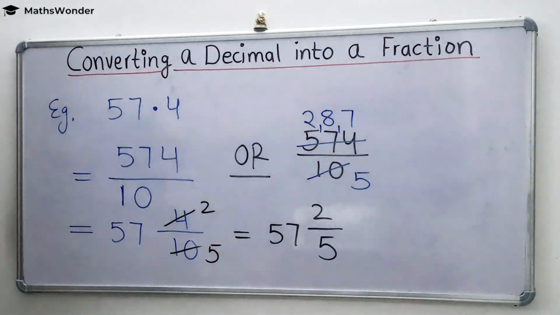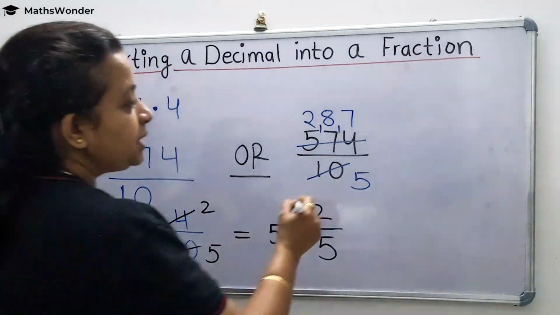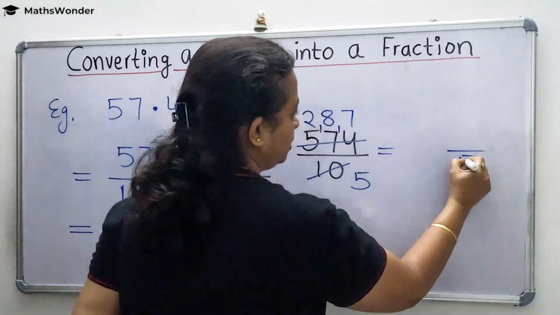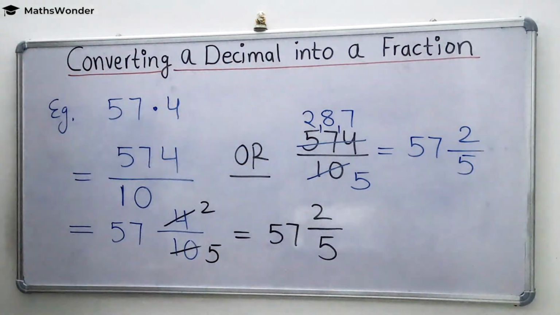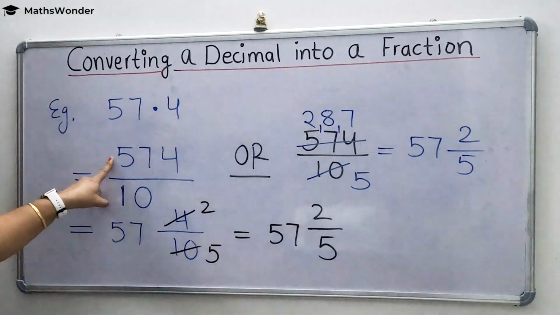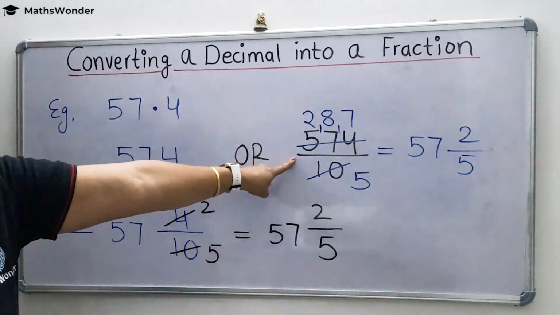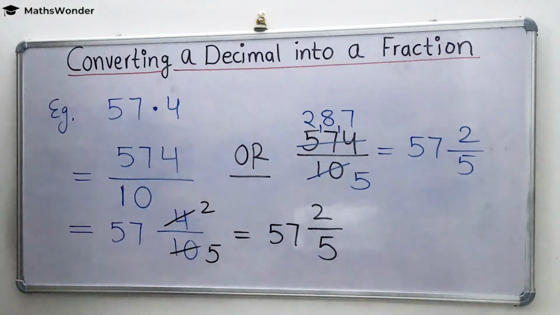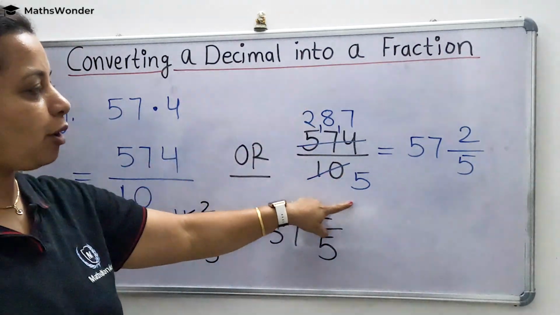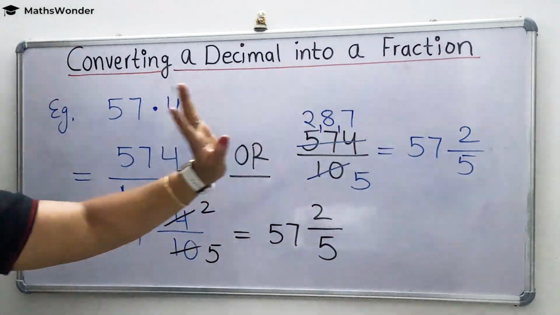Now check, can we reduce here? No, not possible. So you will convert it into a mixed number, which is this one. See, there are two variations. One, you directly simplify and then convert into mixed, because it's an improper fraction.